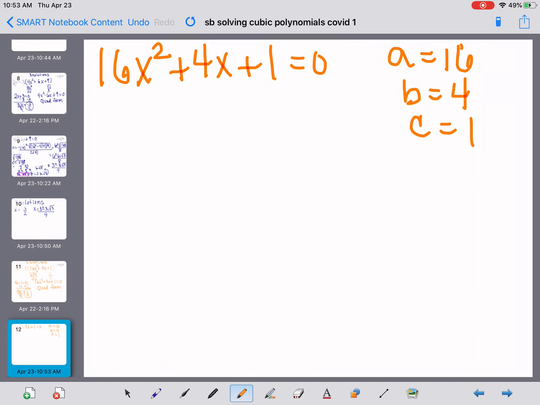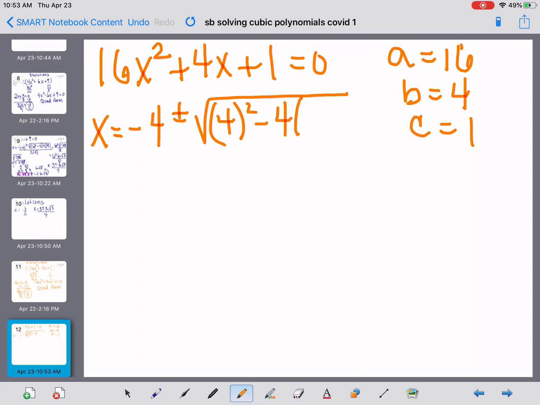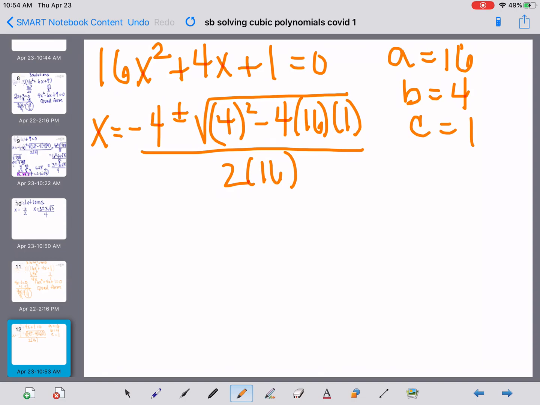But we're going to fill in the quadratic formula. X equals negative B, the opposite of B, plus or minus the square root of B squared minus 4 times A times C, all divided by 2 times A. When we simplify this, we get x equals negative 4 plus or minus.